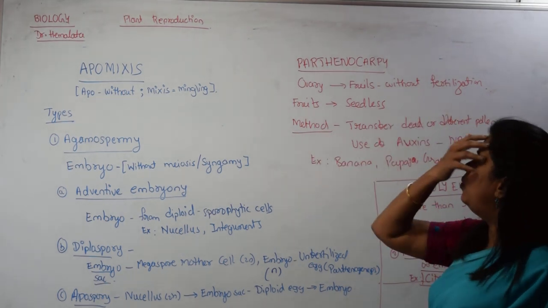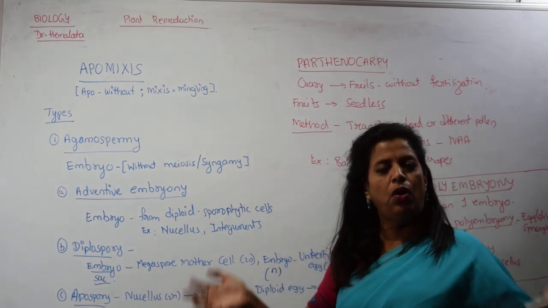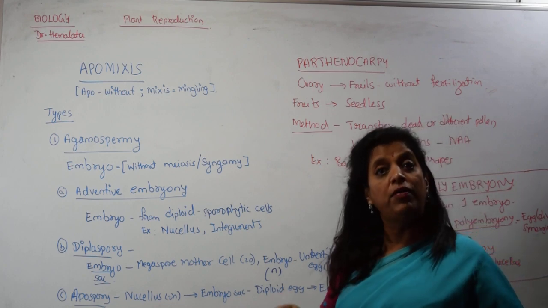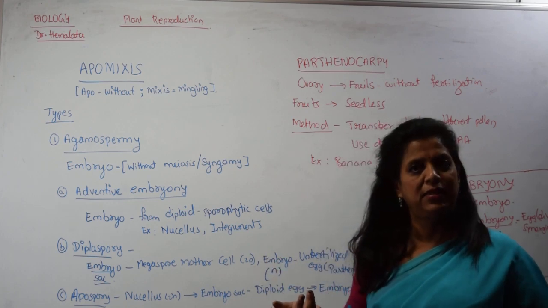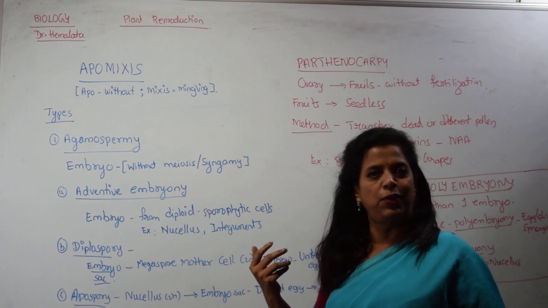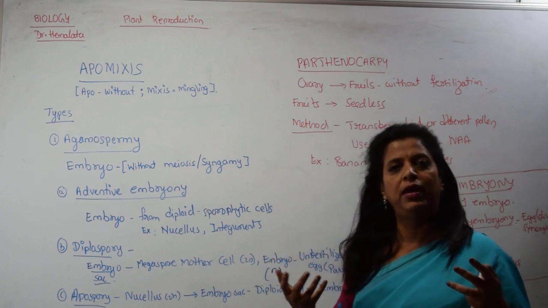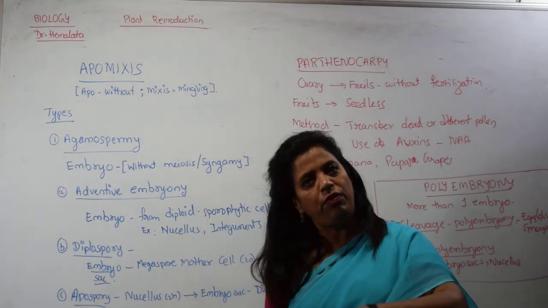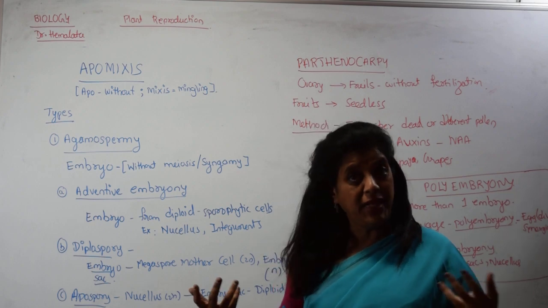So how does parthenocarpy happen, if the ovary is there, meaning meiosis and all would have happened? After parthenocarpy, seedless fruits are formed. Like grapes are seedless, right? And banana is seedless. How are they formed? That is by parthenocarpy. The very nice thing is, it's like fooling the flower, right? Normally the pollen grain enters, the pollen tube forms, and only then fertilization happens. What will the plant breeders do, and why will they do it?